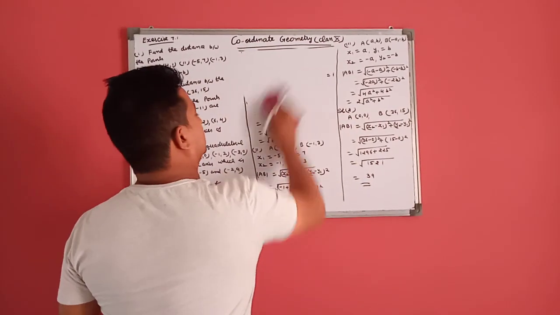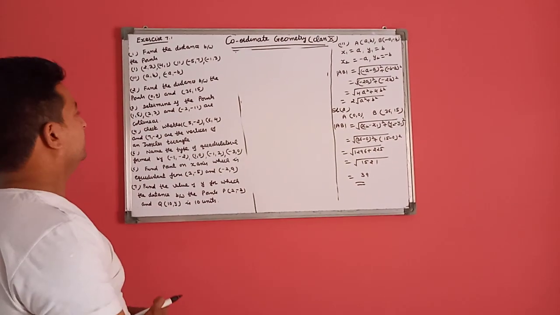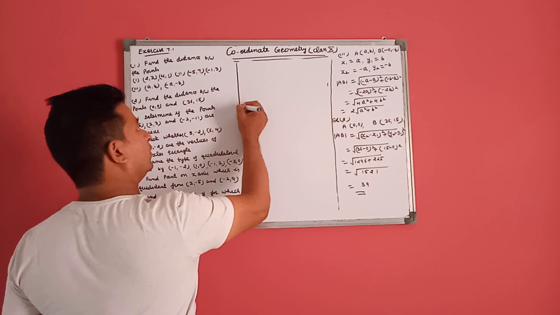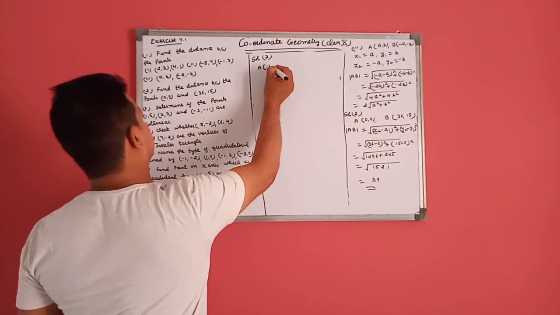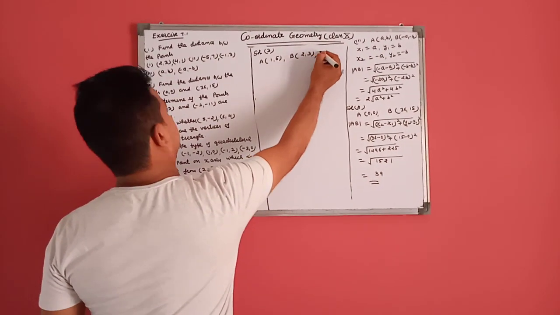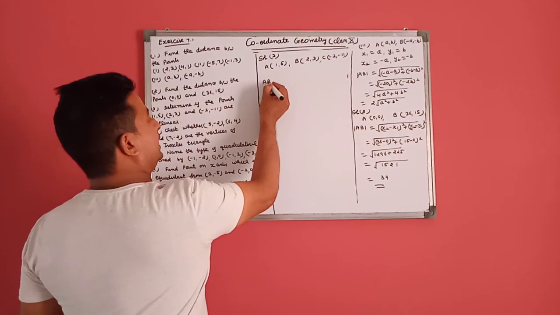In question number 3, the statement is to determine if the points are collinear. As we know, for points to be collinear, there is a condition: the sum of two distances is always equal to the third. So first we find AB.